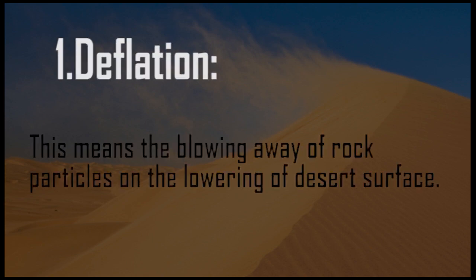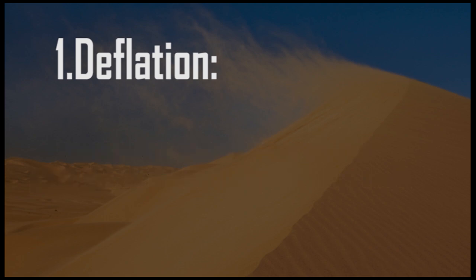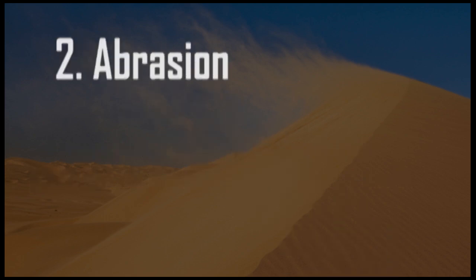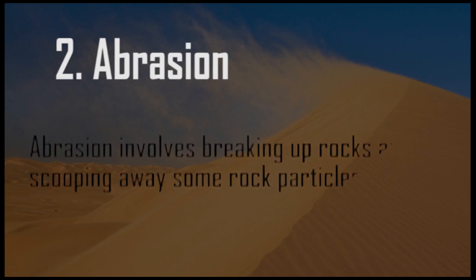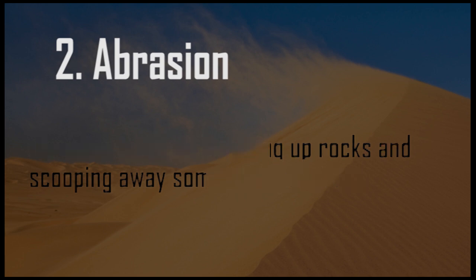This means the blowing away of rock particles and the lowering of desert surface. That way is known as deflation. The second way is abrasion. Abrasion involves breaking up rocks and scooping away some rock particles.